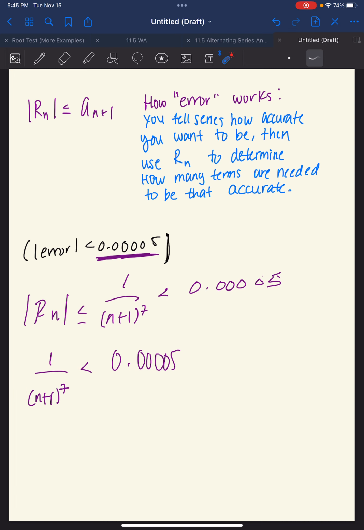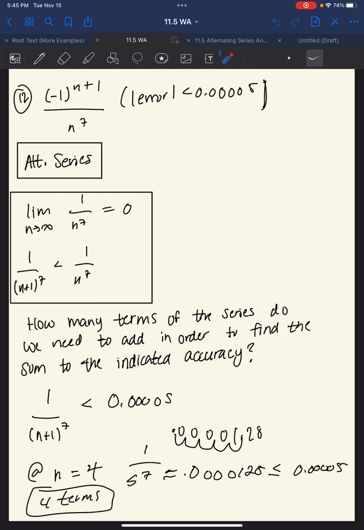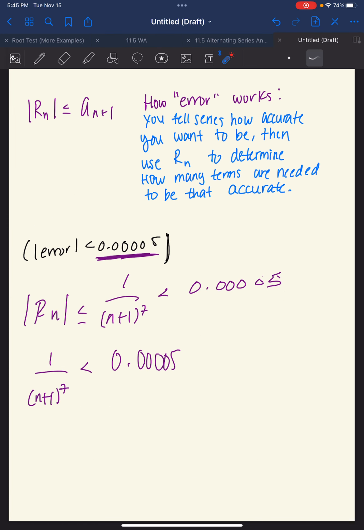For example, the answer ended up being 4 terms, because 4 terms means n equals 4.